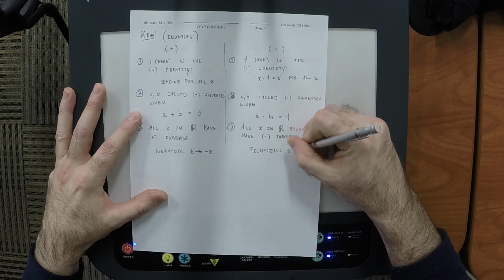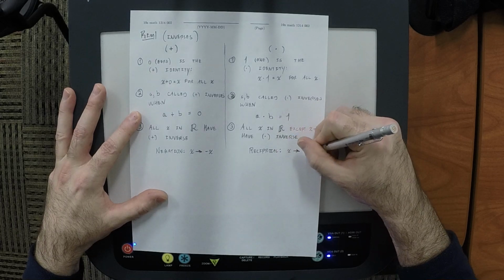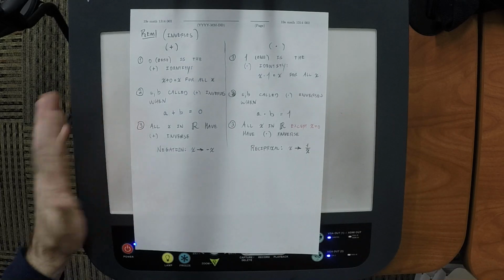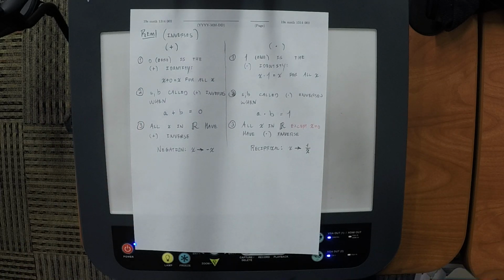So x becomes 1 over x. Generally speaking, the usual place where you see reciprocal is with fractions. So like, what's the reciprocal of 2/3? 3/2. And if you multiply those together, you get 1.